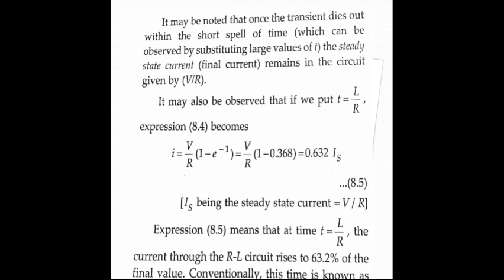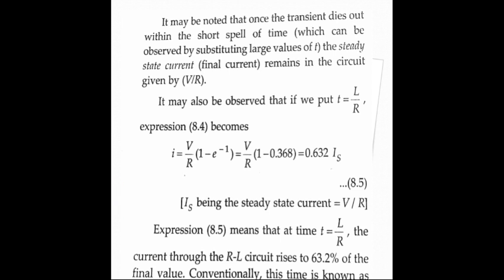It may also be observed that if we put T is equal to L upon R, the current I is equal to V upon R into 1 minus e to the power minus 1, that is V upon R into 1 minus 0.368, that is equal to 0.632 Is.